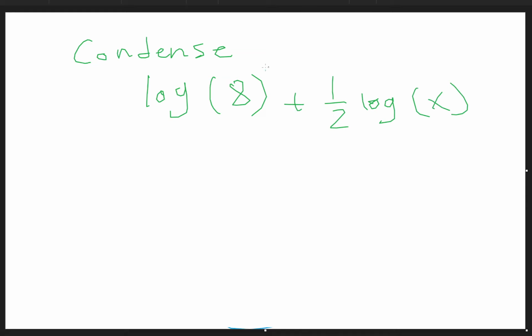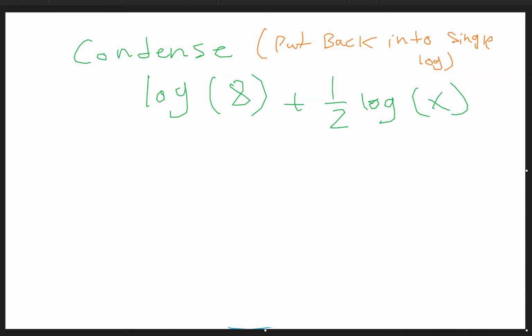Okay, so condense meaning we put it back into a single log. What it means by condense is put back into a single log. That's what it means by condense.